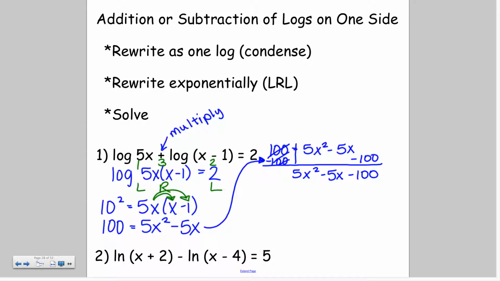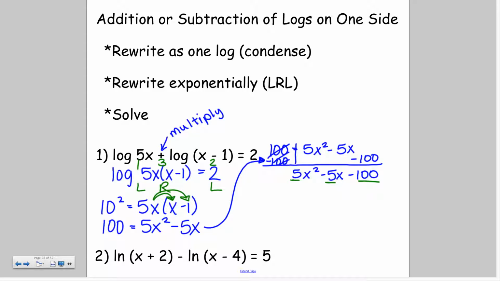Now, anytime you factor, the first thing that you look for is GCF, greatest common factor. Well, if I look at these, my 5 and my 100, they all have a common factor of 5. It's not going to be any bigger than my smallest number, but 5 does go into 100.